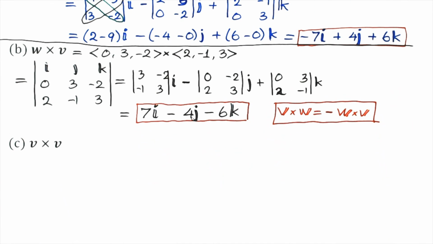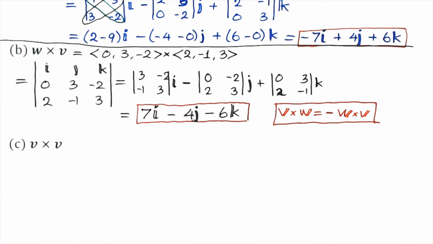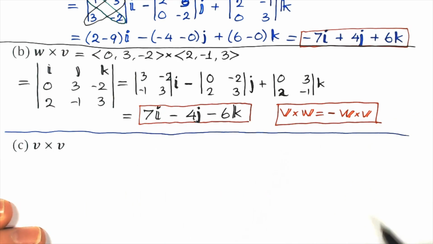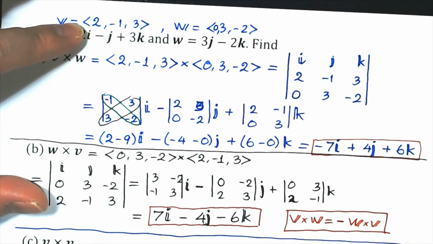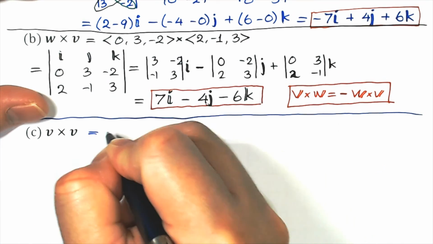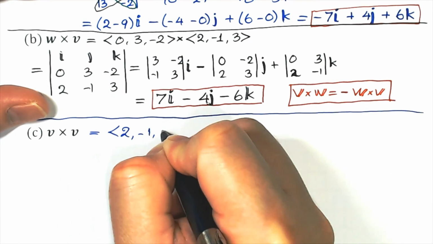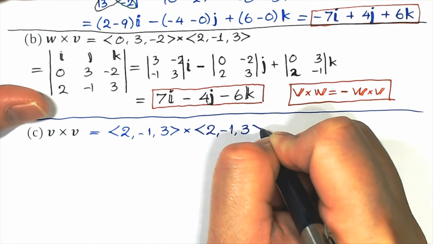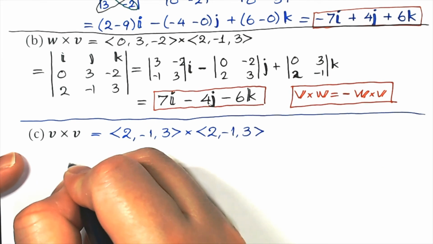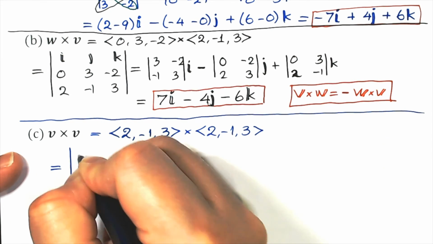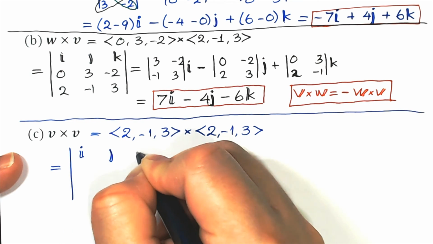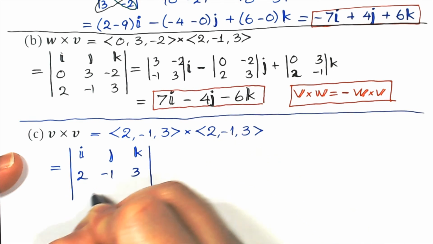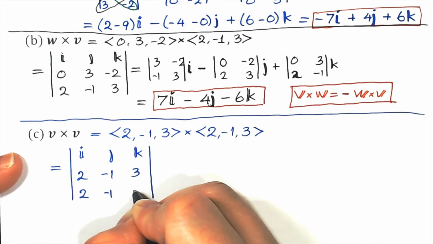Right. Next we have the cross product of v and itself. The vector v is 2, negative 1, and 3, and 2, negative 1, and 3. So this is going to be a 3 by 3 determinant. The first vector and the second vector are the same.